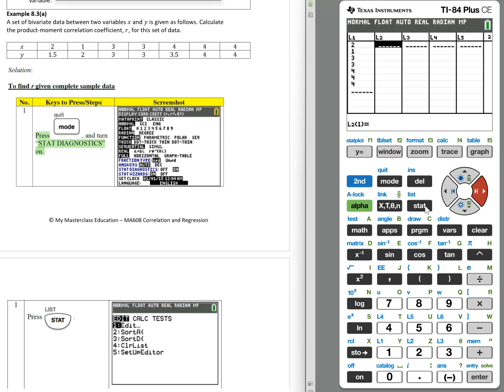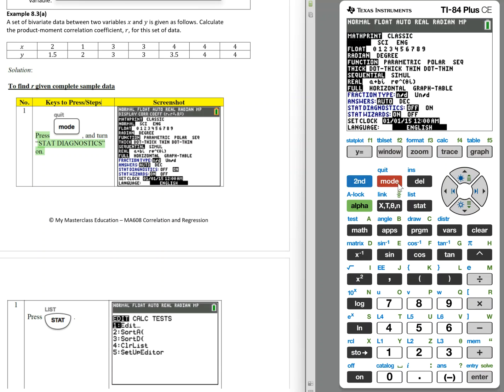And then L2 is for Y: 1.5, 2, 3, 3, 3.5, 4, 4. Make sure you press enter for the last variable. Some students didn't press enter over here and then the value is not entered. Second function, quit first. Now you go to mode, go to statistic diagnostics and make sure you turn it on.